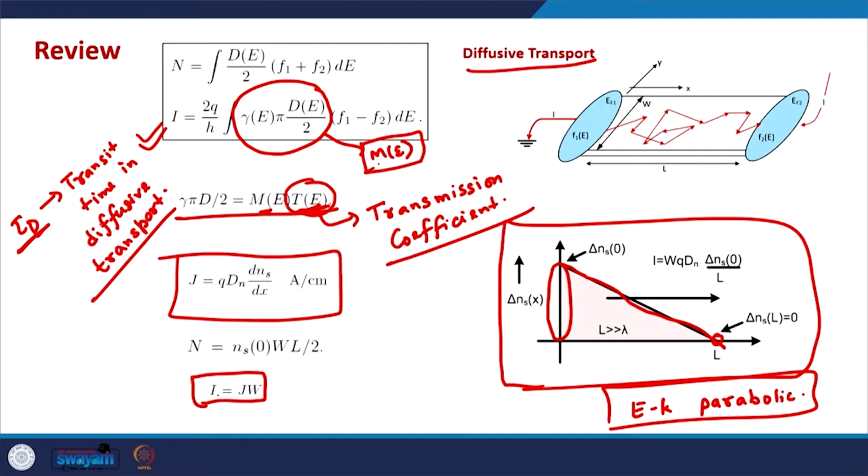So, Fick's law gives us the current density, and in a 2D channel the current density is the current per unit width, so the total current will be the current density times the width.